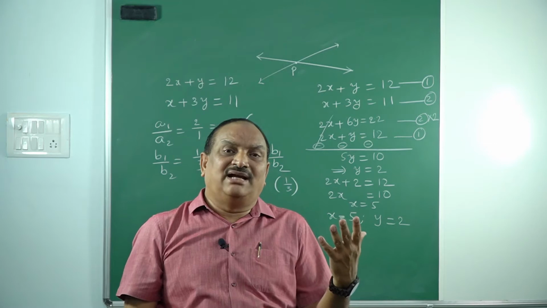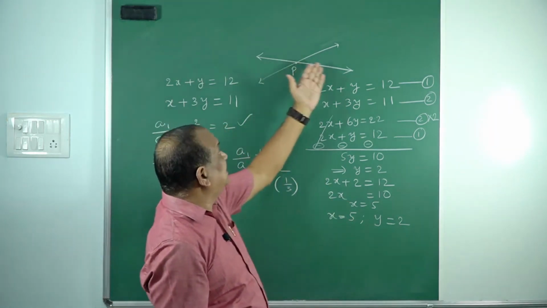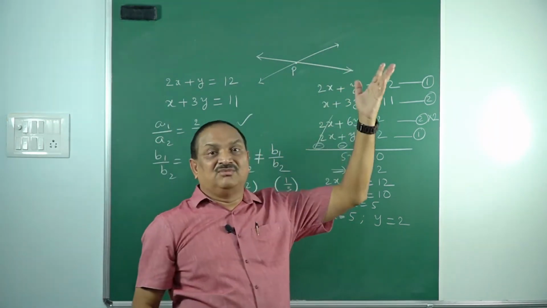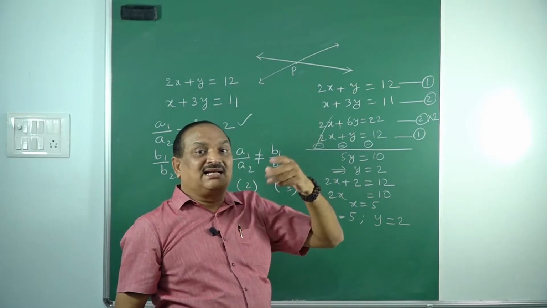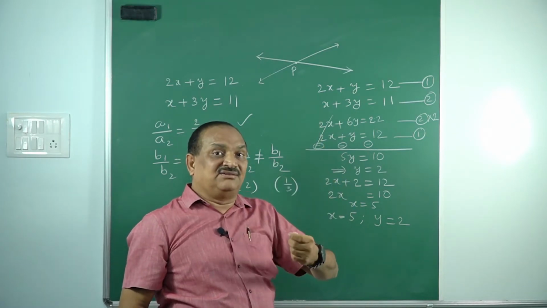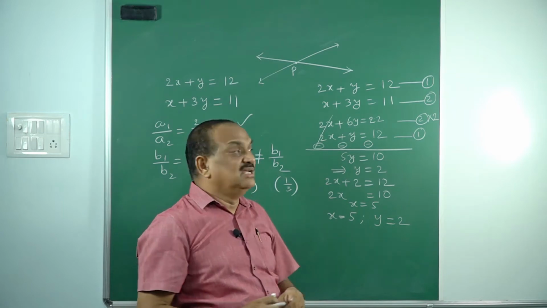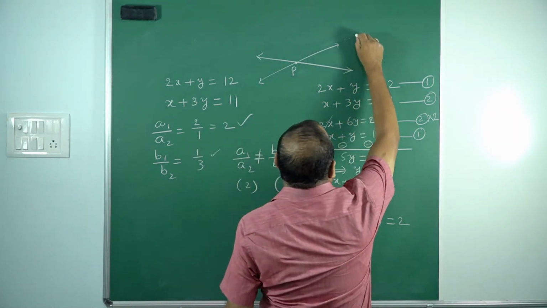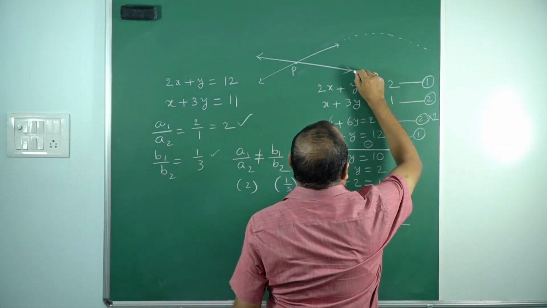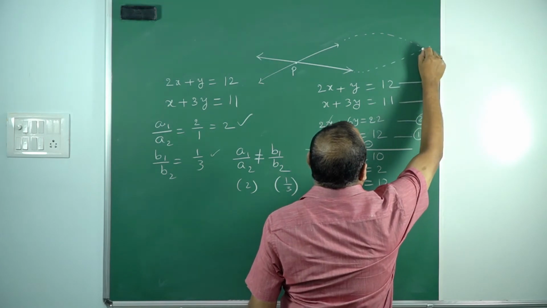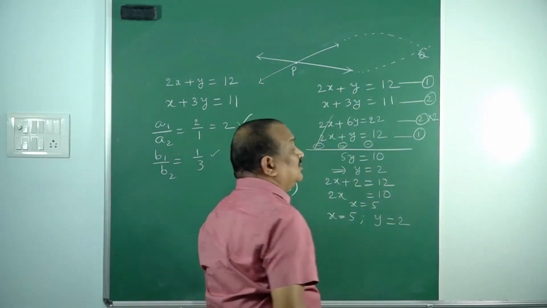How do you know that actually? Because if you extend this one, maybe do they meet somewhere? Let us try that. If it is possible, of course, you make a supposition. We don't know, somewhere after a few kilometers, let us say they meet here at Q also.